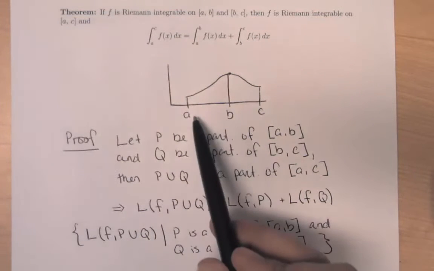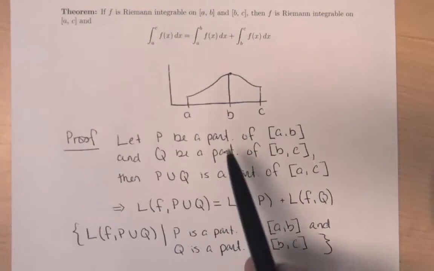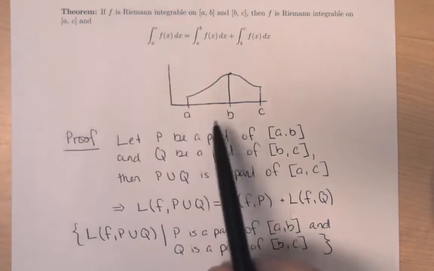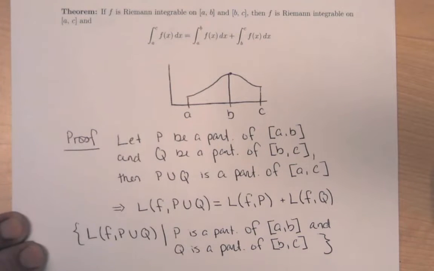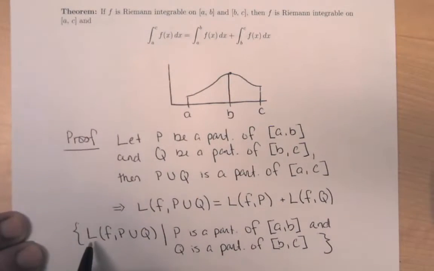Remember, P is a set of finite increasing points from a to b. Q is a set of increasing finite points from b to c. P includes a and b. Q includes b and c. Well, that's a particular kind of partition, but it is a partition of a to c. So if I take all such lower sums, that's a subset of all lower sums.